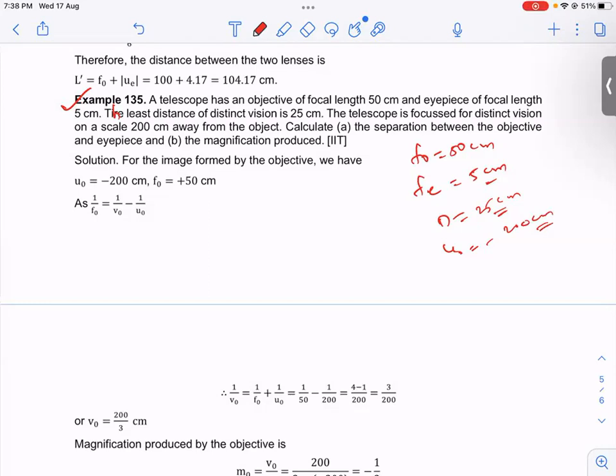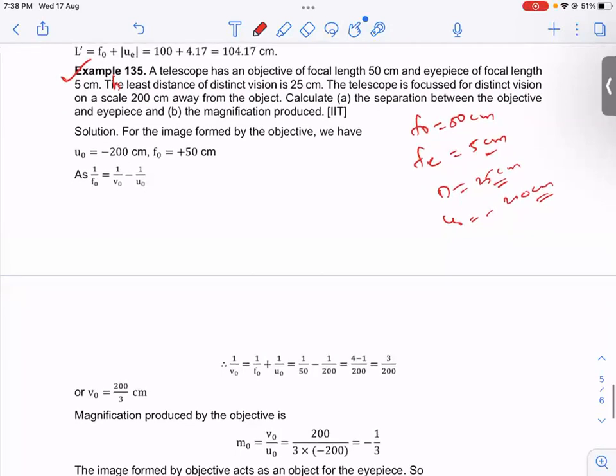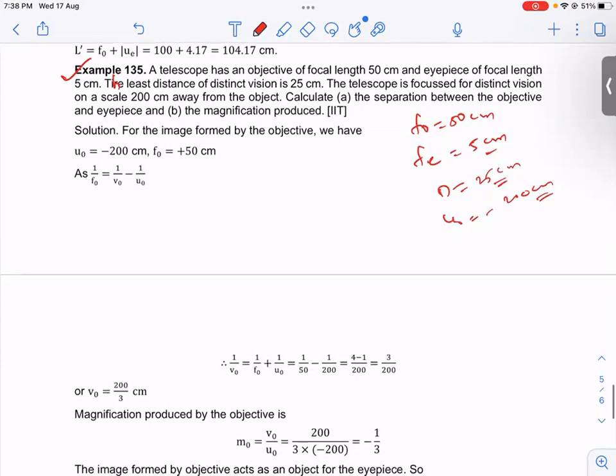So what is the separation between the objective and the eyepiece? Where is the image formed? The image is focused for distinct vision.